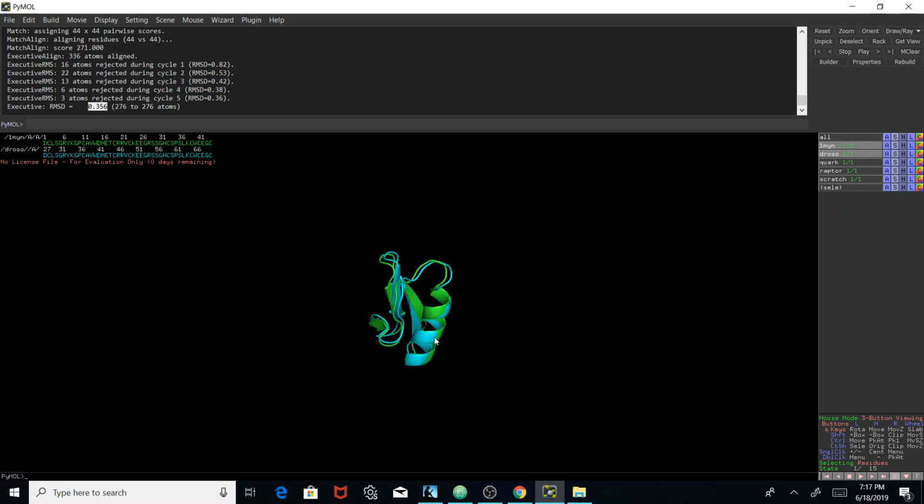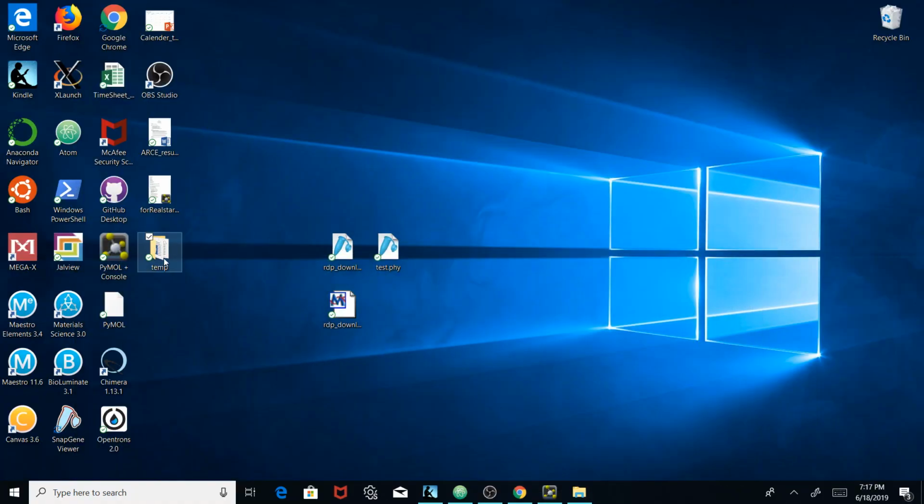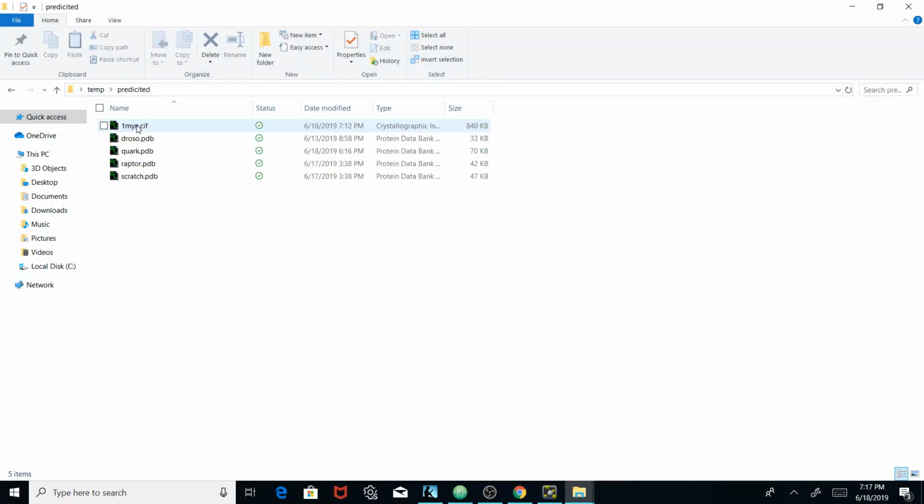Okay, so this is homology modeling, but what if we used the homology model, just say we didn't have drosomycin to predict the model for the homology model? Well, I already have one set up, I believe. So if I go to temp, I should have, no I don't.